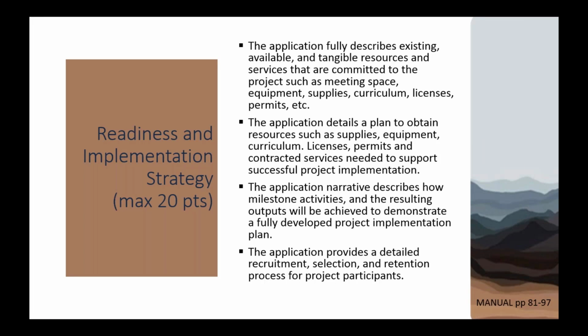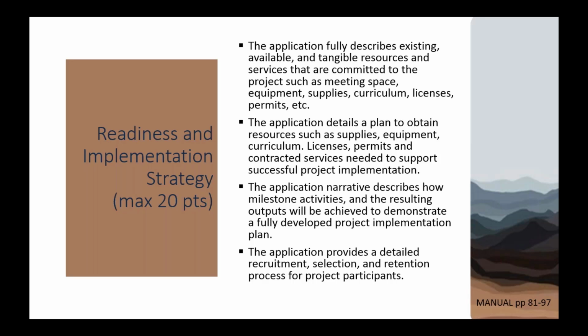All right, the readiness and implementation strategy is worth a maximum of 20 points and starts on page 81 in the training manual. This section should include a full description of all the resources needed to implement your project. This includes resources such as meeting space, equipment, supplies, curriculum.